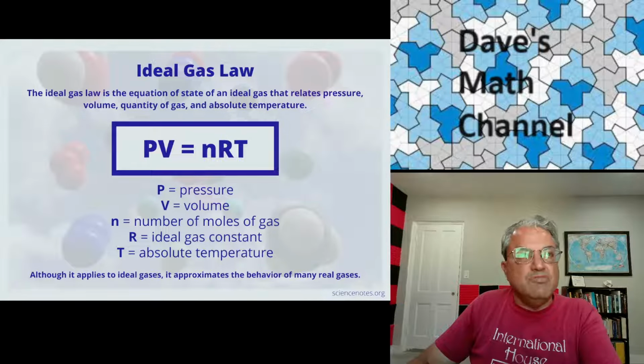And it's absolute temperature because there's a thing called absolute zero. That's the coldest possible temperature. You can't have any temperature colder than absolute zero, which is about minus 273 degrees Celsius, or about minus 460 degrees Fahrenheit. Very, very cold. Anyway, that's the ideal gas law.